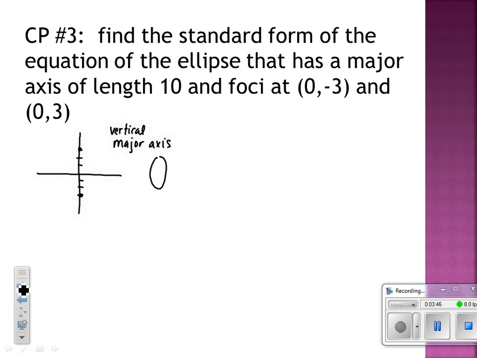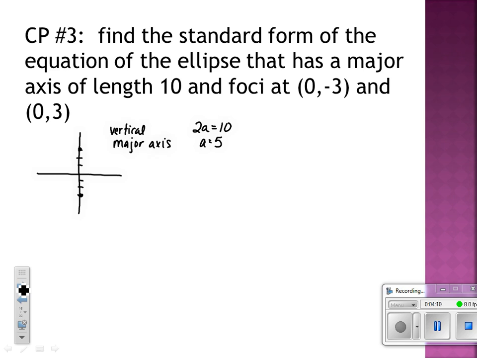Now I also know that my major axis has a length of 10. Well, the major axis is 2 a's, so half of that is from the center to the outside, so I have an a length of 5. Using those two then, I can find b. I'm going to get rid of my little picture here again so I can write.